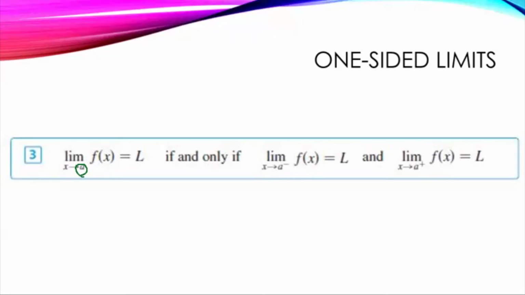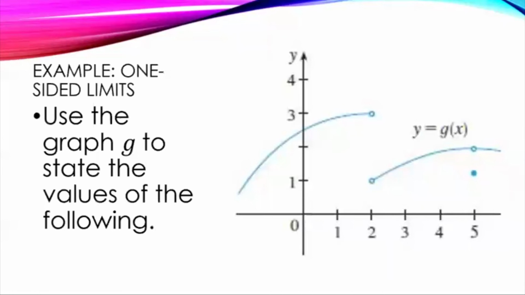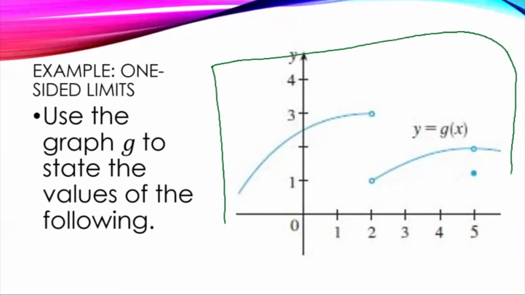So what's next? Now, sometimes we are not given an expression of a given function. What if we are only given a graph of a function? For example, suppose this is the graph of g of x. As you can see, g of x is not continuous.